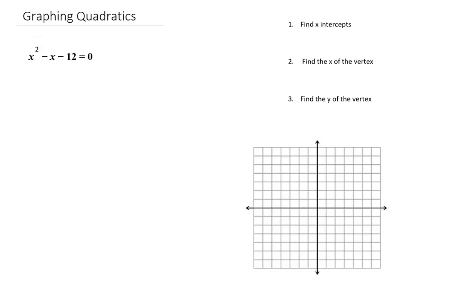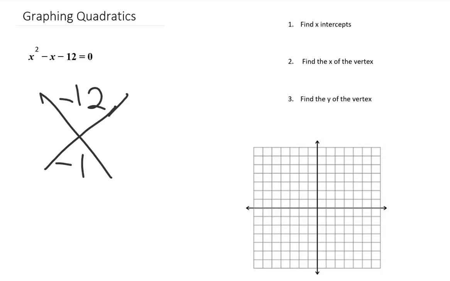So let's get started. First thing is, it says to find x-intercepts. We can do that either by factoring with the big X method, or if we can't use the big X method, we could use the quadratic equation. Fortunately for us, in this example, we'll be able to use the big X method. So I put my negative 12 up here. I got my negative 1 down here.